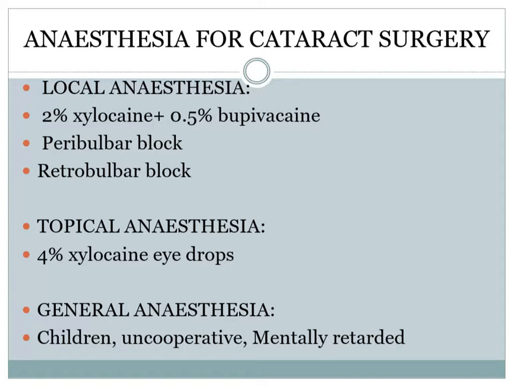They can't understand what you are going to instruct, and they get very scared at whatever you are going to do. Such patients you may opt to operate under general anesthesia. Another category is severely mentally retarded or mentally unstable patients. These are very special scenarios, but most commonly it is in pediatric cataract where we use general anesthesia.